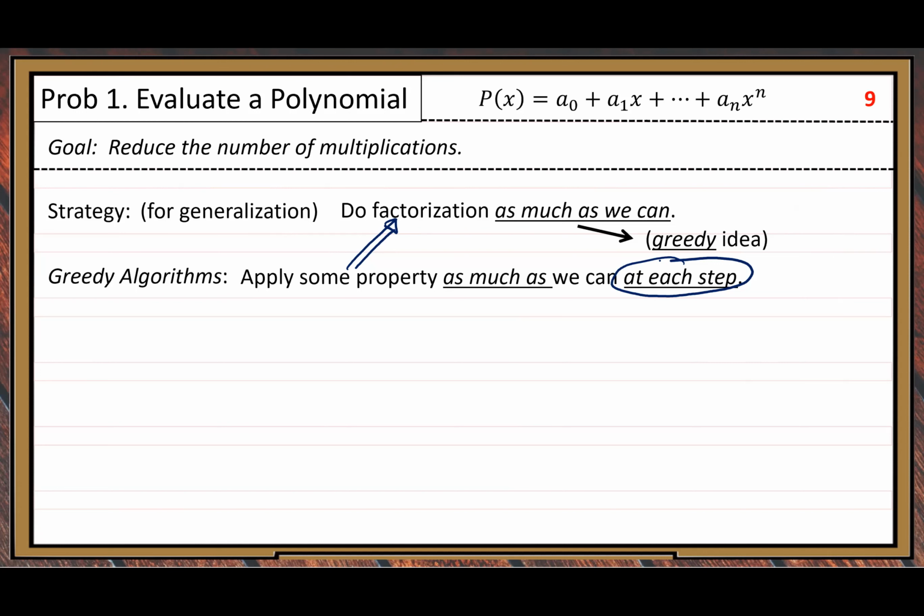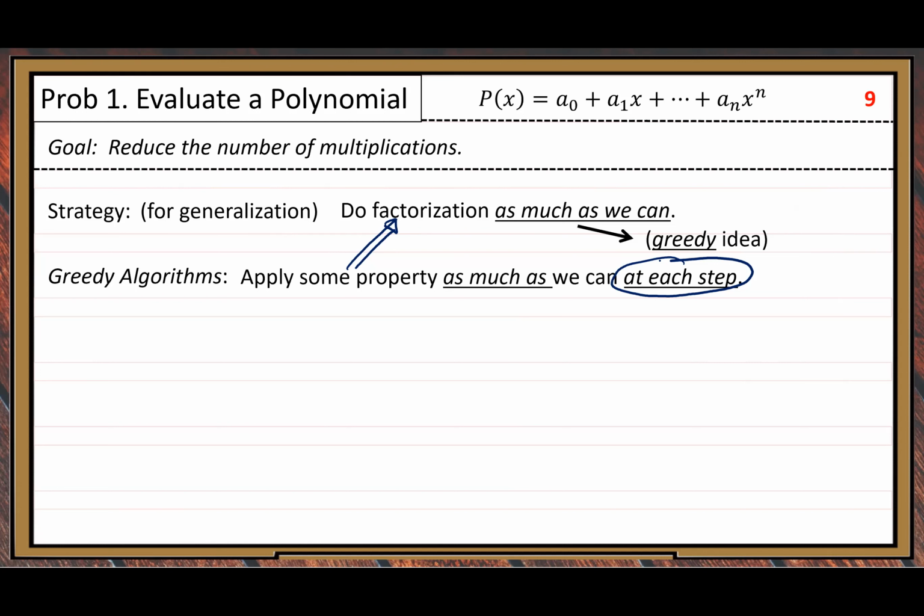Here we need to do the factorization as much as we can at each step. We need many steps. Each step, we do one factorization, then the next step, another factorization. But at each factorization, we want to cover as many terms as possible. That's what I mean by the greedy strategy.